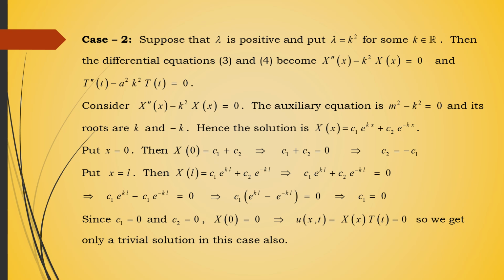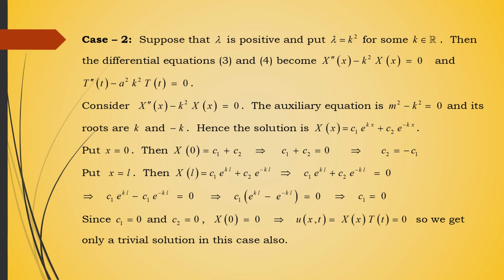Now consider our equation 3, X double dash of x minus lambda X of x equals 0. Substitute lambda equals k square in this equation 3. Then we obtain X double dash of x minus k square X of x equals 0.